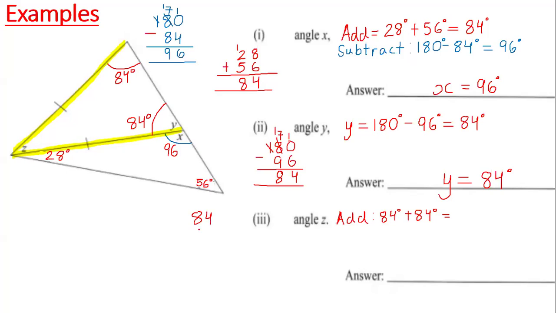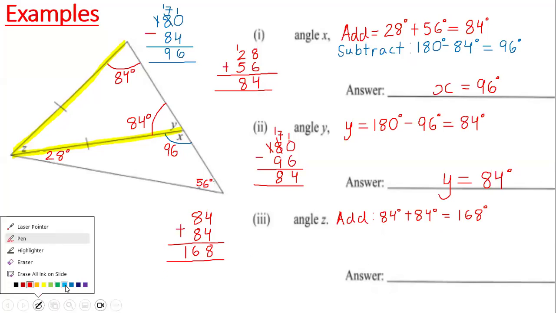Okay, so we have 84 plus 84. 4 plus 4 is 8. 8 plus 8 is 16. And so it's going to be 168 degrees. And so it's our final answer, right? Z is equal to 168 degrees.